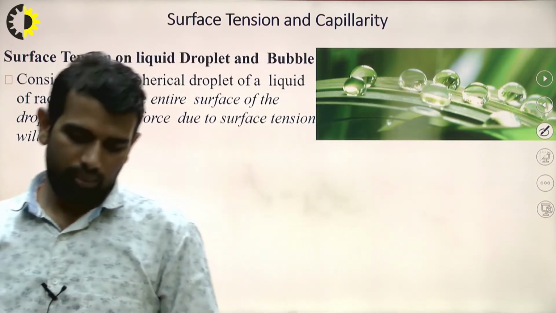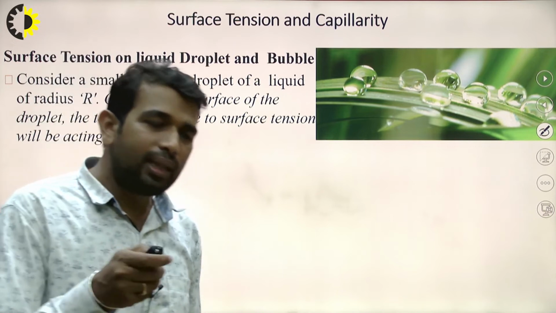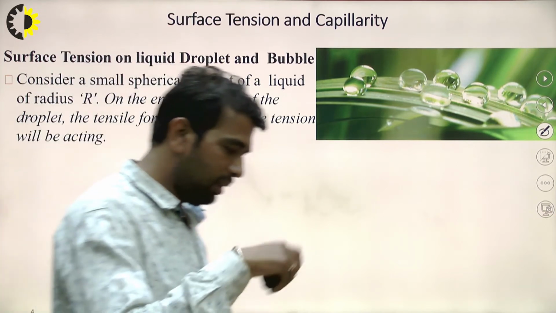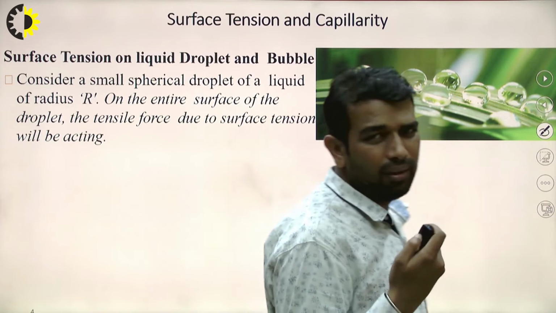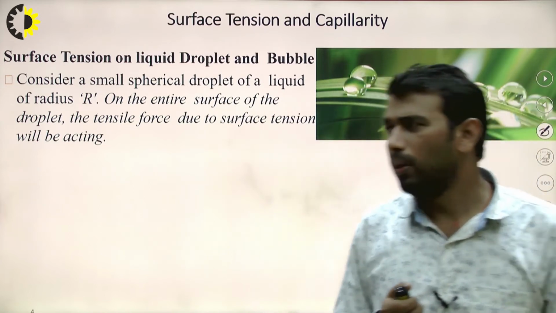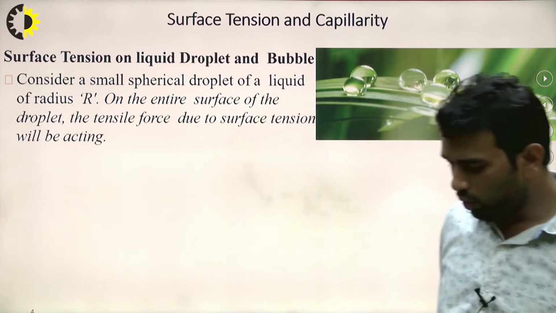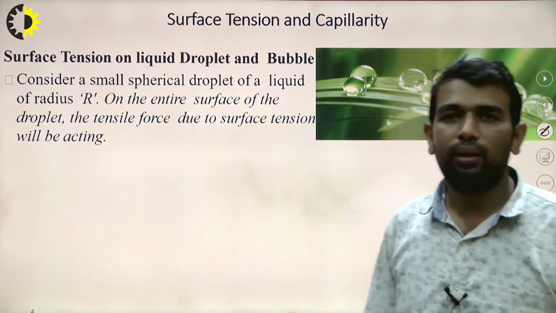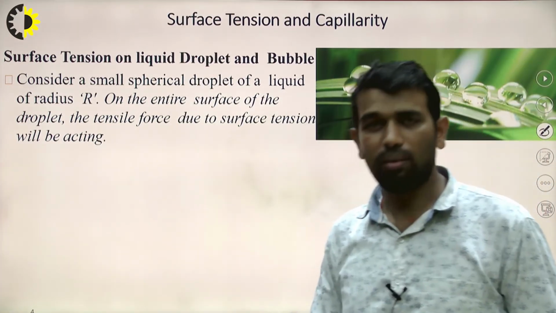In the bubble we have air inside and outside, and in between a thin film of soap. And similarly, a droplet is completely filled with the same liquid.